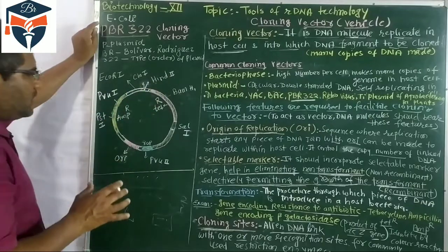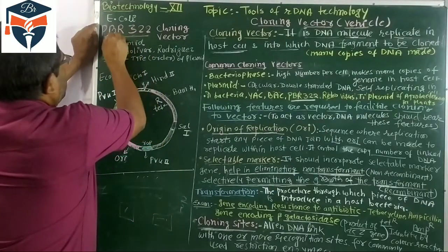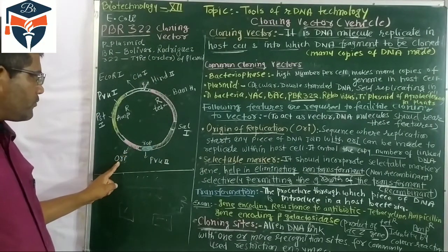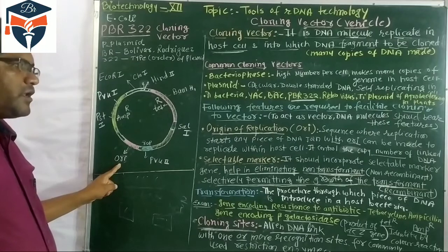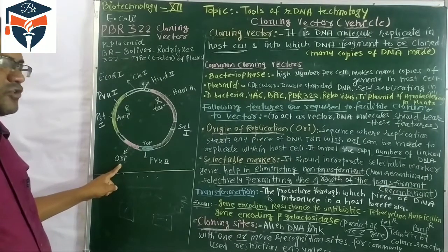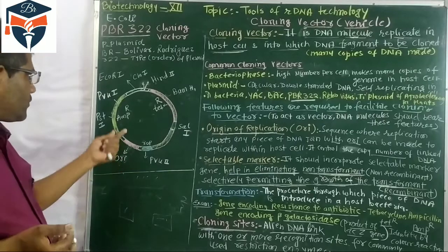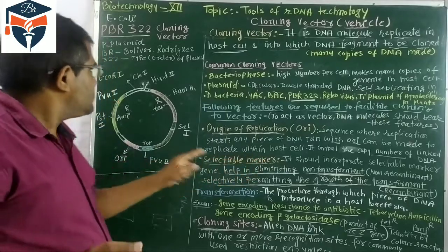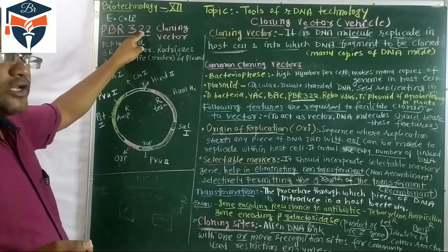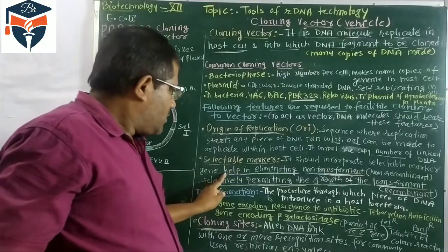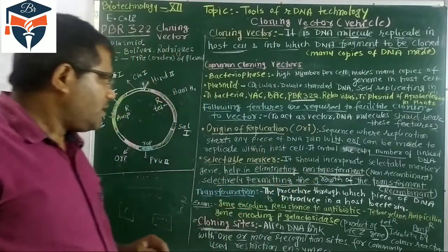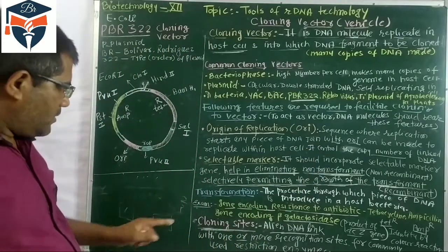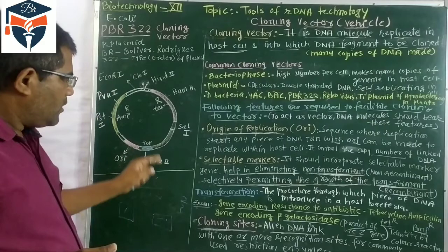Here you should understand that in pBR322 there is ORI. This ORI is the origin of replication, where replication starts and copies of DNA are made. Ampicillin and tetracycline are the two selectable markers in pBR322, which identify and eliminate the non-transformants and permit the growth of transformants, and there are many cloning sites.